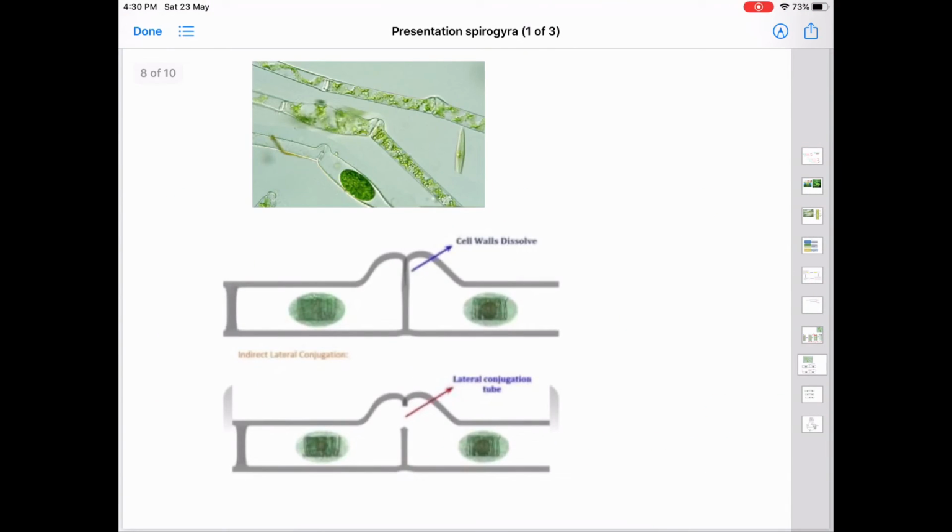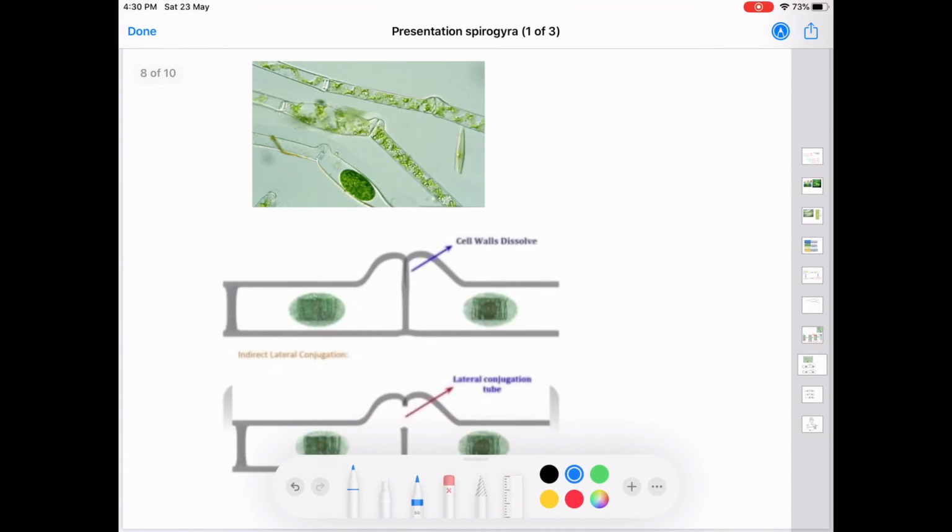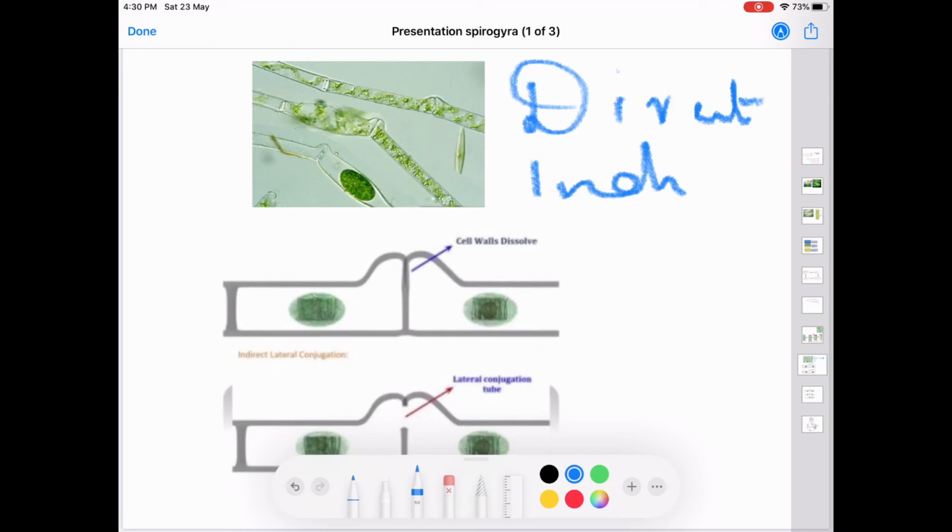Now, coming on to the lateral conjugation, I have told you there are two types of lateral conjugation. The first one is known as the direct method, and the second one is known as the indirect method of lateral conjugation. We will look into the indirect method of lateral conjugation.